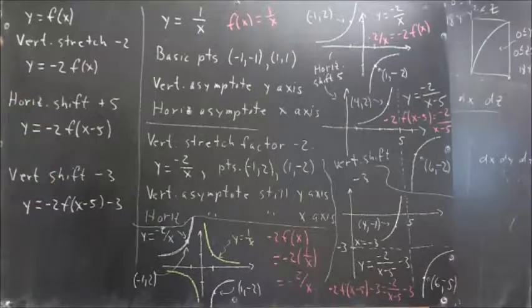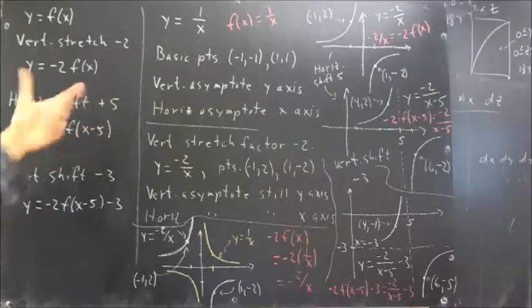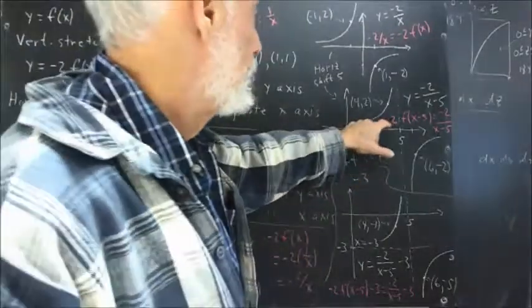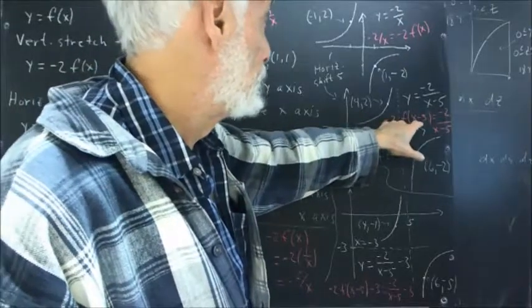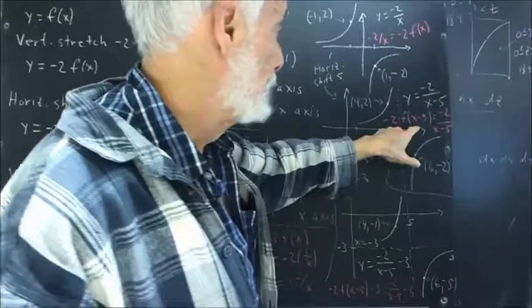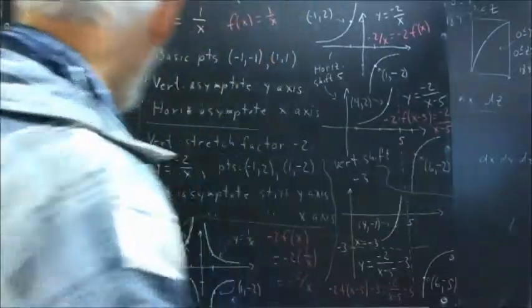with the form y equals -2f of x. For the horizontal shift, we replace x by x minus 5, and we get -2 times f of x minus 5. So we take the -2f of x, we replace x by x minus 5, we get this, which is -2 over x minus 5.